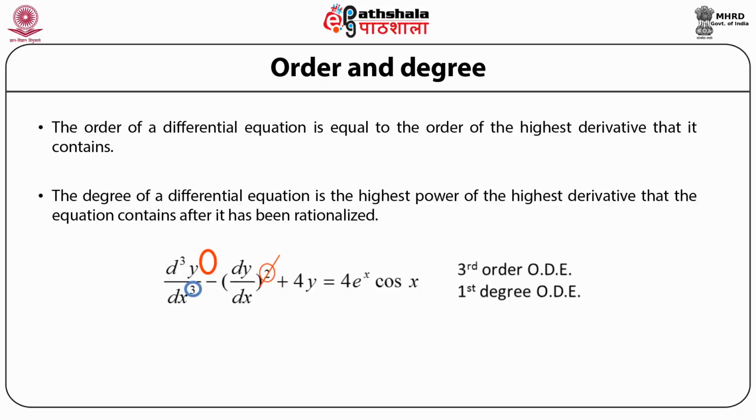Now what is the highest power? Power meaning how many times that factor is getting multiplied. Like in the second term, dy by dx is getting multiplied twice, right?